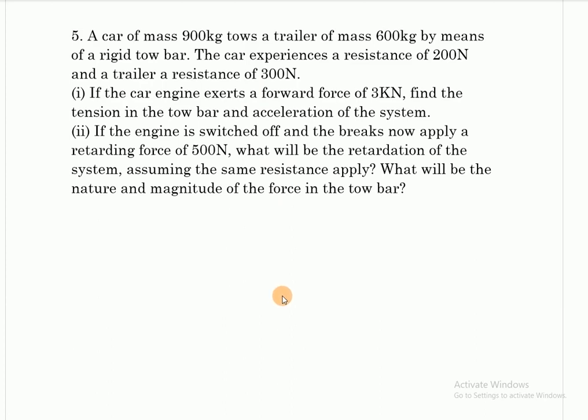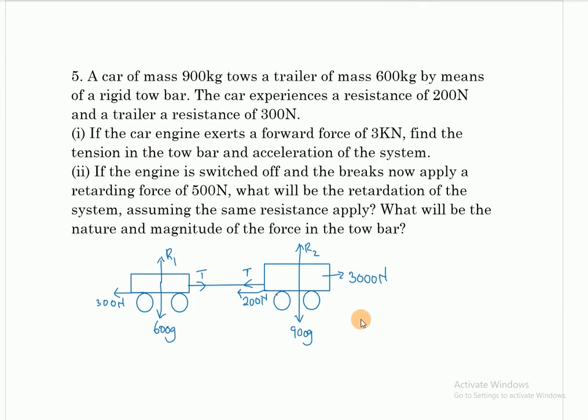We need to make some bit of a diagram to help us. We need some facilitating diagram in solving this problem. This diagram is the one that can illustrate whatever is there. This is the car, this is the trailer. When they talk of trailer, don't think of these huge things.